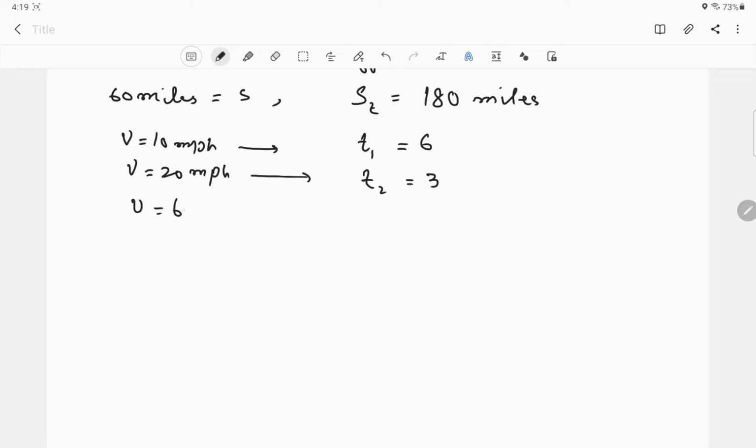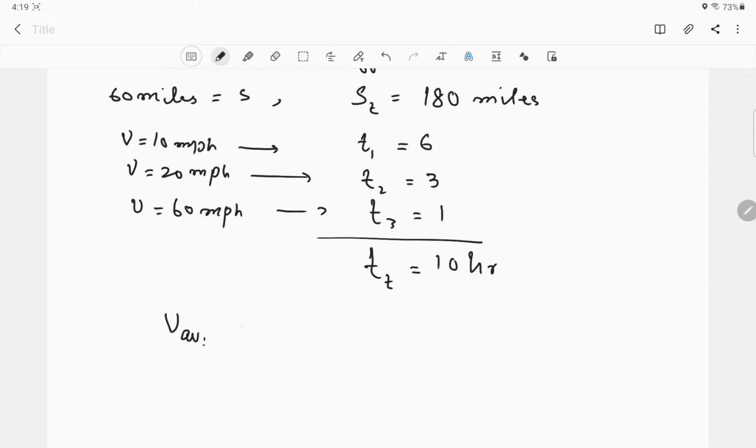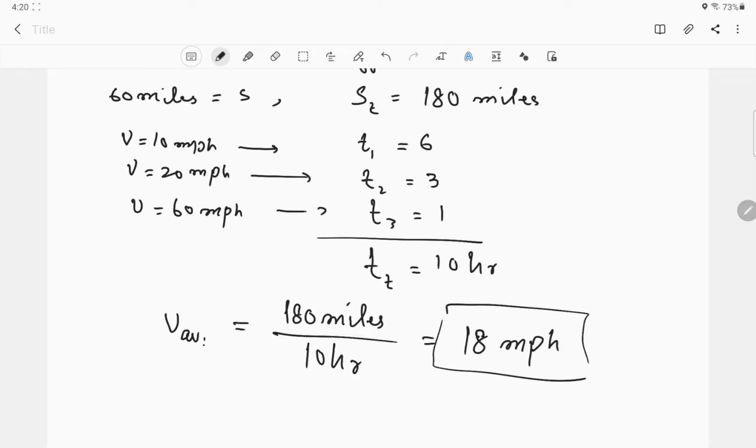When velocity is 60 mile per hour, only 1 hour is required. So what is the total time? Total time is 10 hours. Now you can determine the average velocity: 180 miles divided by 10 hours. It will be 18 miles per hour. So the answer is the same.